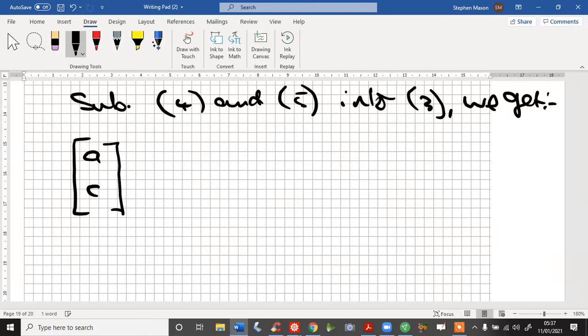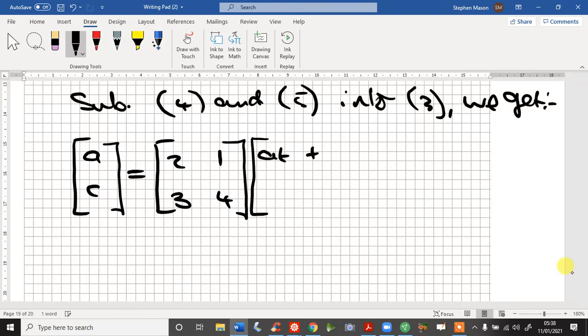That's the derivative of our homogeneous complementary function, and that's equal to 2, 1, 3, 4 multiplied by at plus b and ct plus d, plus the other bit, which is t and 4.